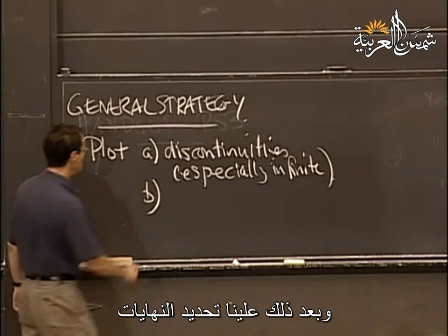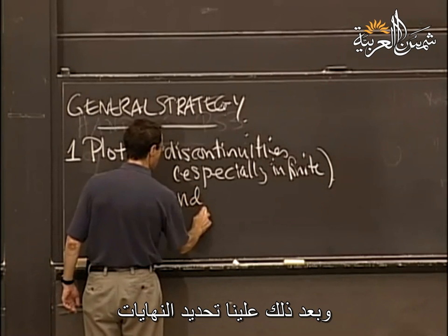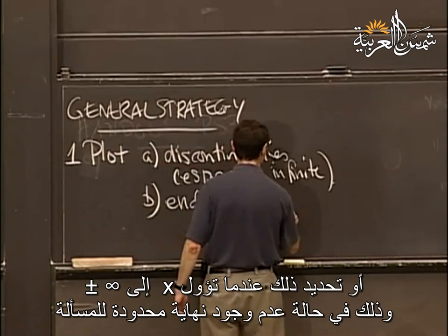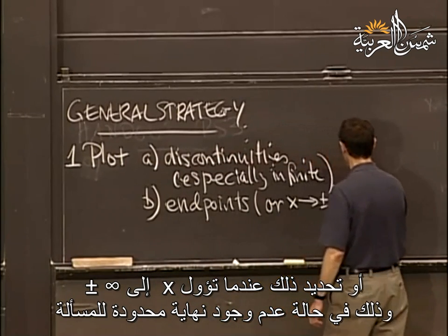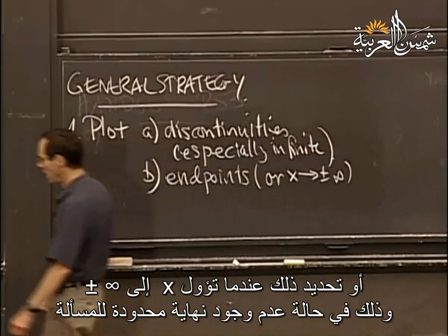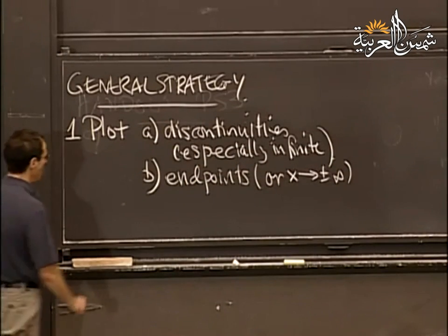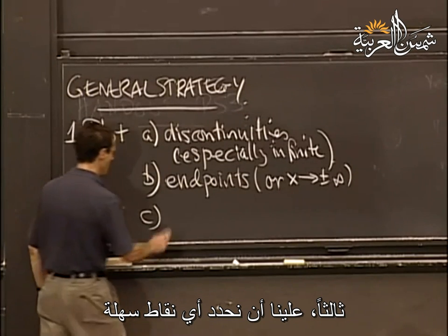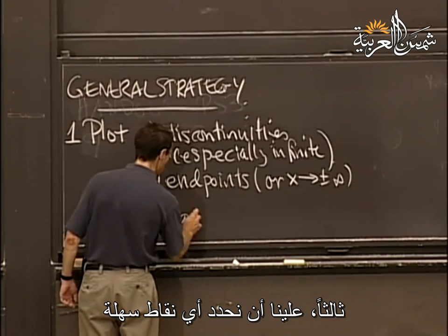And then you should plot endpoints, or ends, or x going to plus or minus infinity if there don't happen to be any finite ends to the problem. And the third thing you can do is plot any easy points.